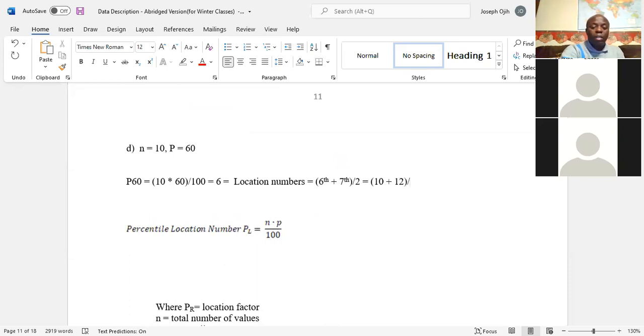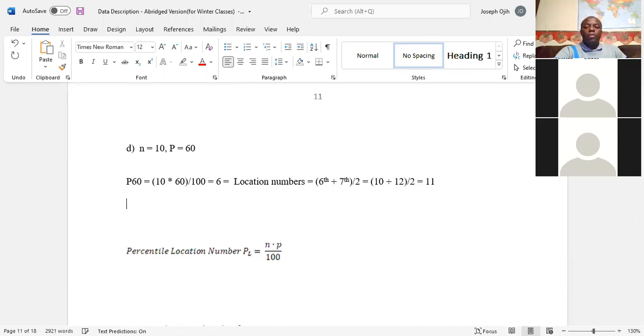You do this whether you're doing a percentile or quartile, whenever there's no decimal part. So 10 plus 12 is 22. 22 divided by 2 is 11. That means any score of 11 corresponds to the 60th percentile.